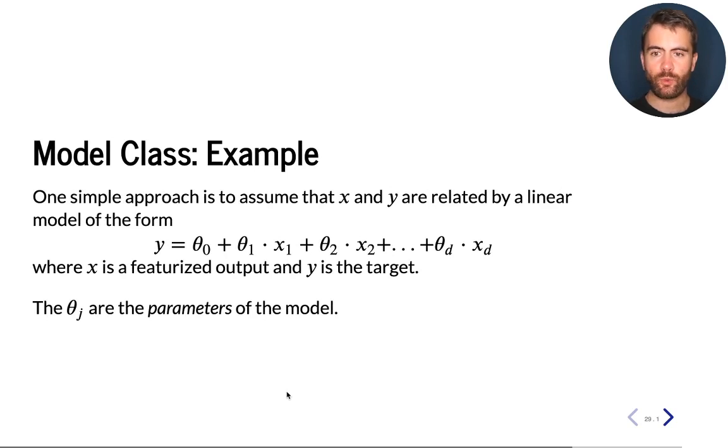Let's make this a little bit more concrete via an example. One very common approach in machine learning is to assume that the relationship between y and x is a linear relationship.